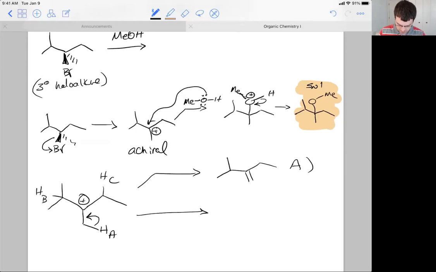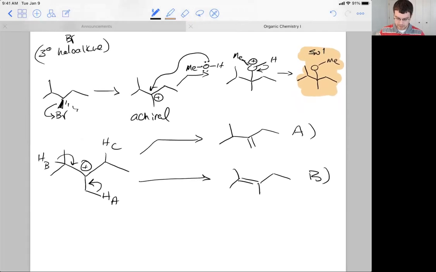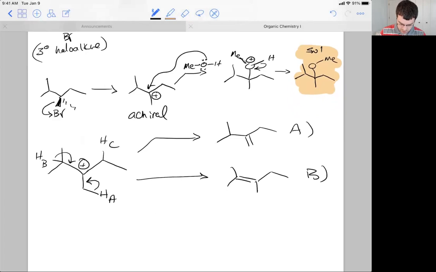Product B results when we lose HB to form a carbon-carbon double bond. That's going to give us this structure, which is B. And then we're actually going to have two C structures. So let's lose hydrogen C to give us this product. Now, if you look at the EZ label for each of A and B, it's not applicable.